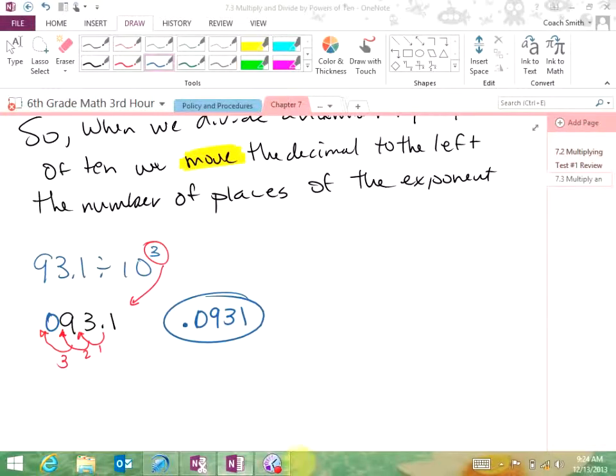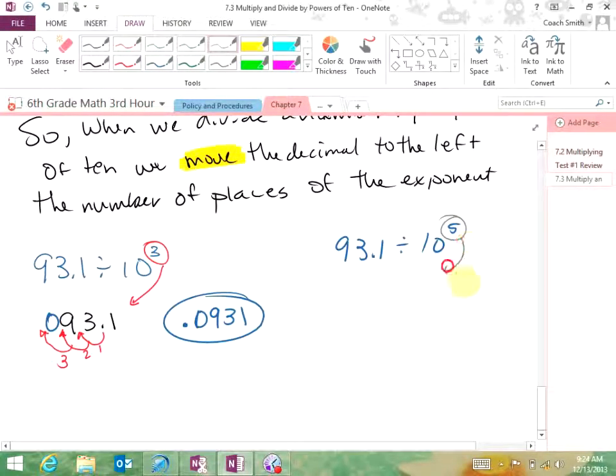Okay, if that would have been 93.1 divided by 10 to the 5th power, then we'd take our 5, we'd have 93.1, and we would move it once, twice, 3 times, 4 times, 5 times.